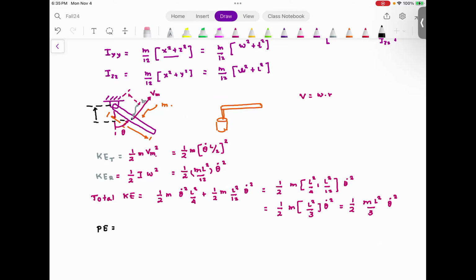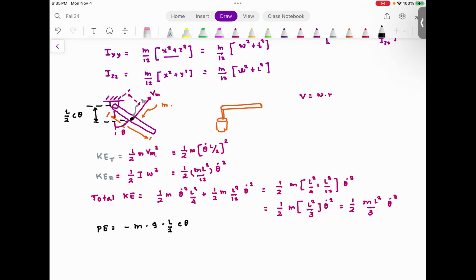This would be the distance because the mass will be located at the centroid of this rod. And this distance is going to be L by 2 cosine theta. So potential energy is going to be minus m g L by 2 cosine theta.